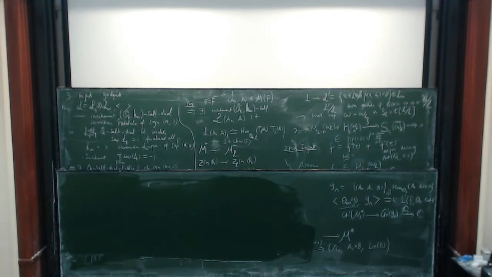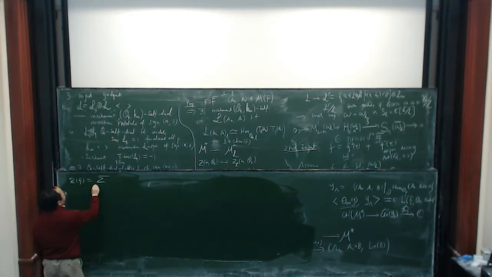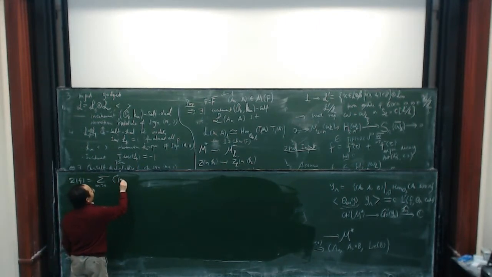Once you have that, you define Z of F equal to the sum over M bigger than 0 of C plus of M of R. Sorry, yeah.